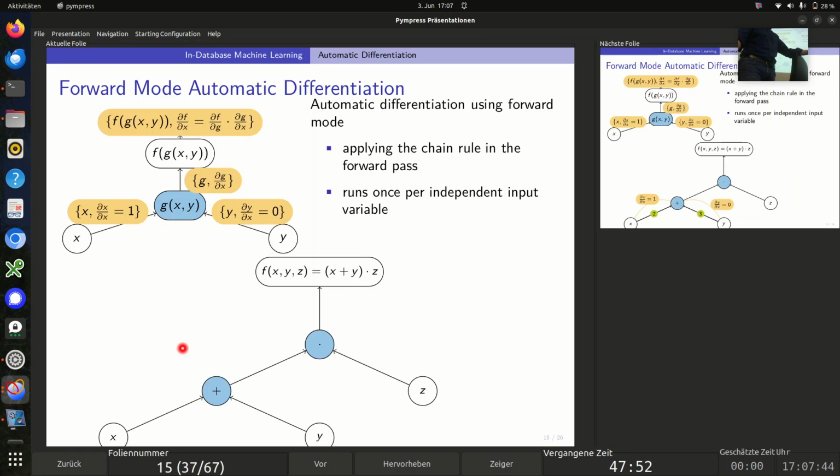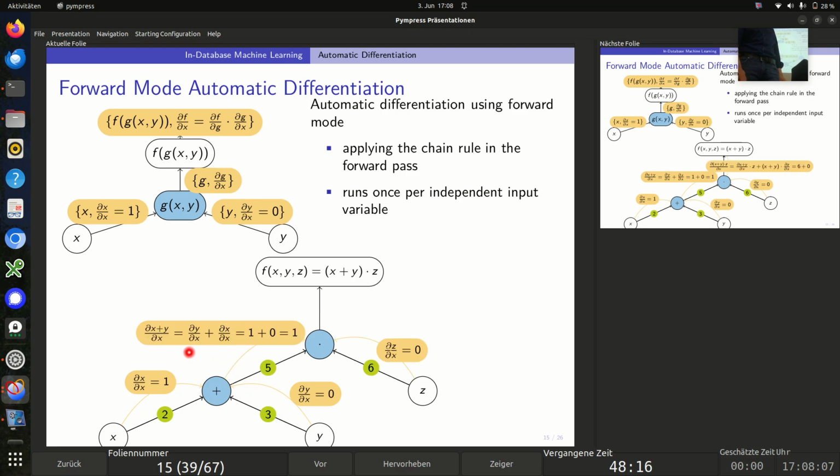Basically we have always determined first the independent input variable we want to get the derivative for. So for example, if we have the same function and now we want to compute it with regard to x, we also have to compute the derivative and evaluate the expression in the same path.